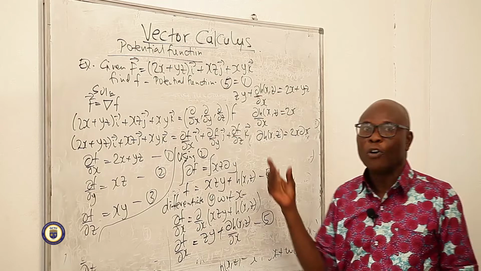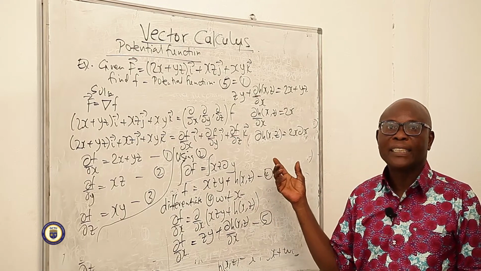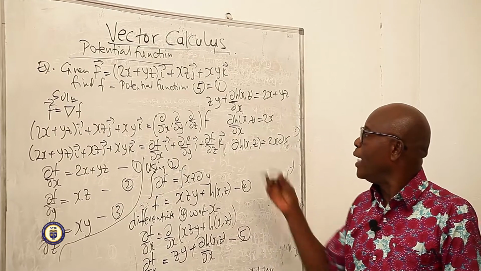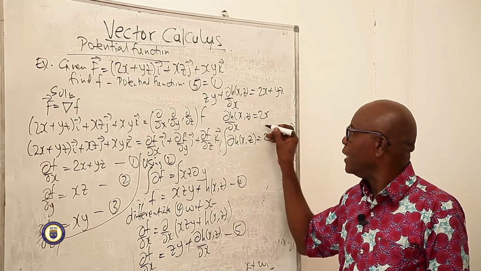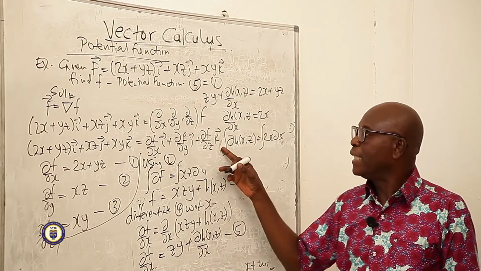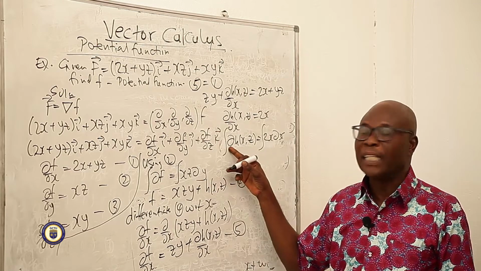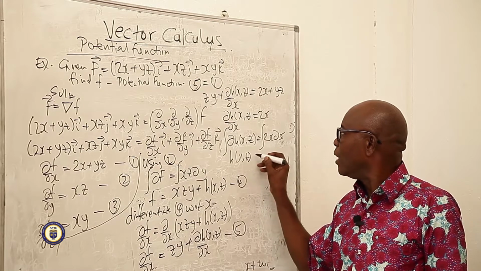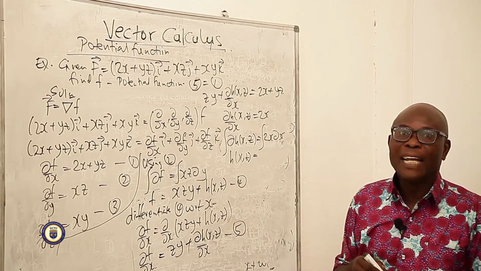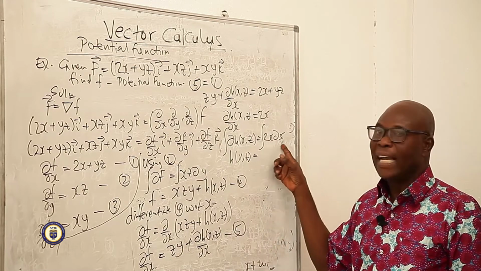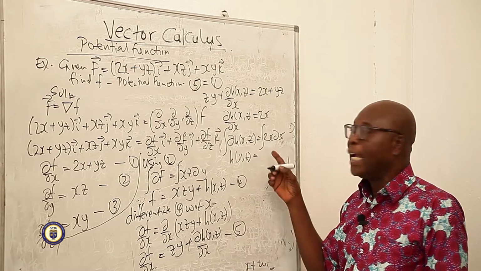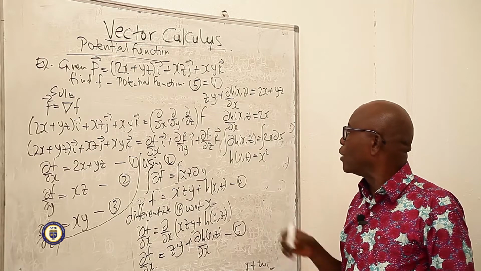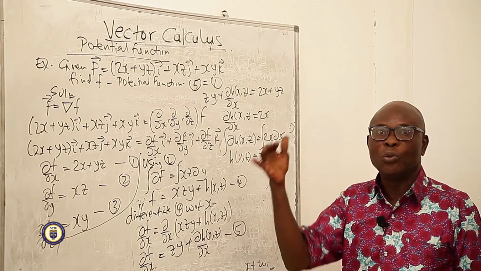Now we are looking for h of x and z. So what do we do? We integrate the left side and integrate the right side. If you integrate partial differentiation, it will go away. So we will be left with h of x and z equal to, if you integrate 2x dx, you're going to have 2x squared over 2, and the 2 and 2 will cancel.